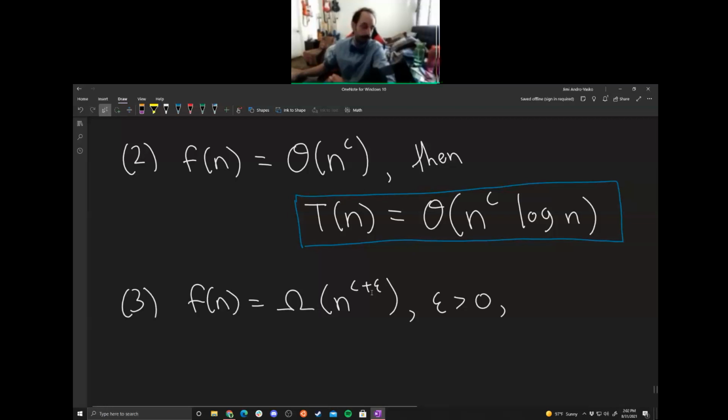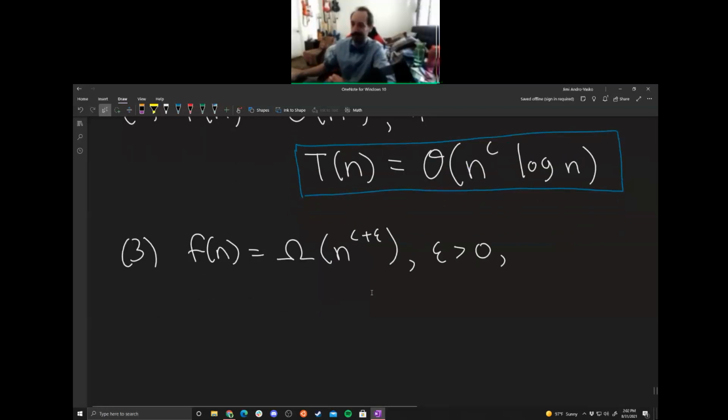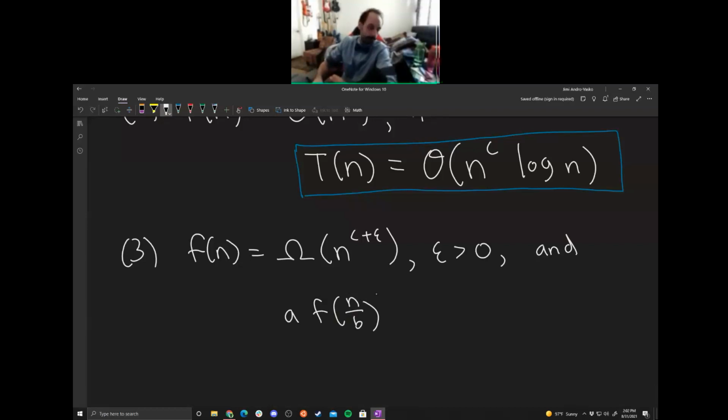And if it works, and also this part here, I don't think this really ever comes up, but I'll write this out. This is from the book. a times f of n over b is less than or equal to z multiplied by f of n, where z is less than 1, and you have a large n value.